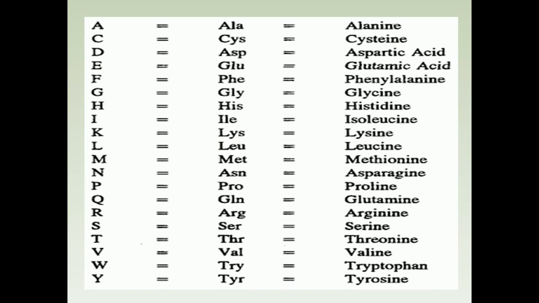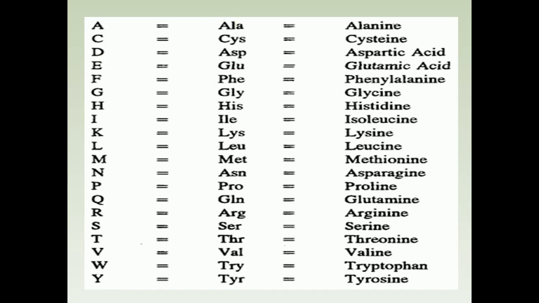So you need to learn the single letter annotation for these amino acids, which is quite simple, and a table is provided in this video. After that you need to know the primary structure of protein. So these are the single letter annotations for the 20 amino acids given in this table.